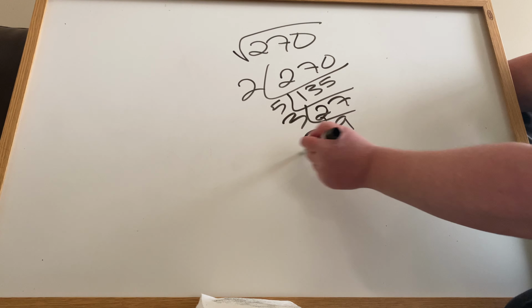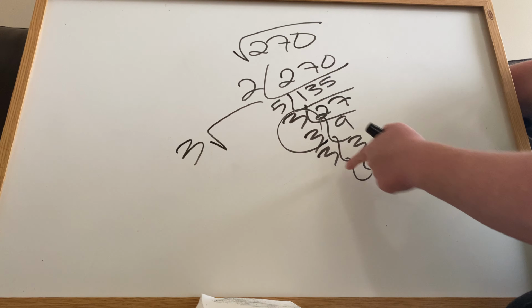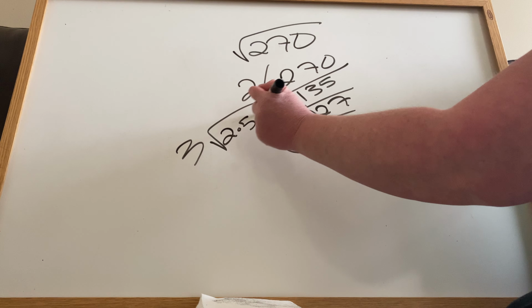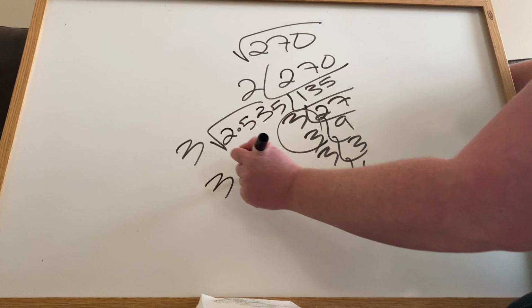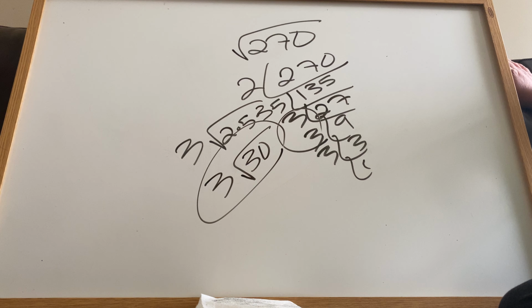So you got a pair of 3s, so you'll pull a 3. Inside, you have a 2, a 5, and a 3, all of which have no pairs. So all of them stay inside. And you'd multiply them together. So you're doing 2 times 5 times 3, so then you end up with 3 square root 30, which is fine, okay?